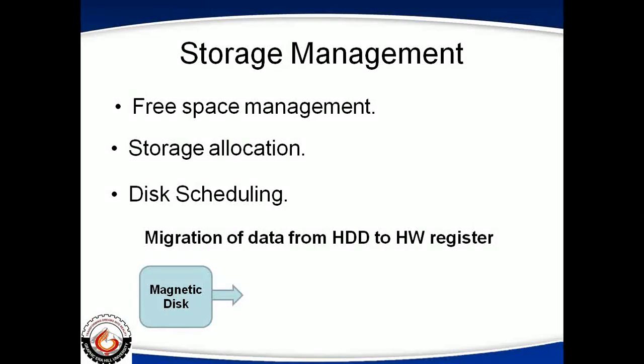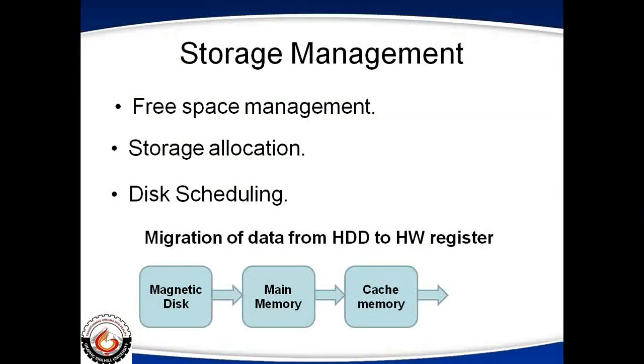First, your data is stored in magnetic disk, and this data is transferred to main memory. Firstly, your data transfers from hard drive to main memory, and next from main memory to cache memory, and after that to registers.